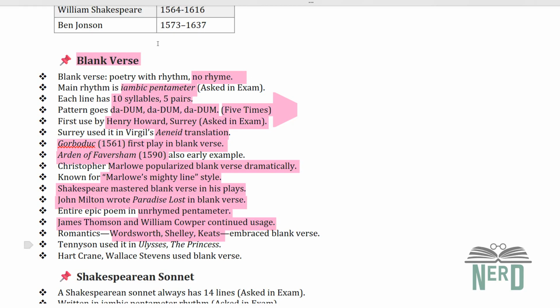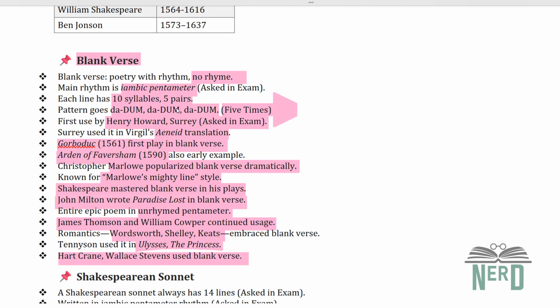Later, in the 19th century, Alfred Lord Tennyson used blank verse in works like The Princess and Ulysses, giving it Victorian grandeur. And here's something interesting across the Atlantic. American poets like Hart Crane and Wallace Stevens used blank verse even when free verse had become fashionable. They proved that the form still had life and adaptability.